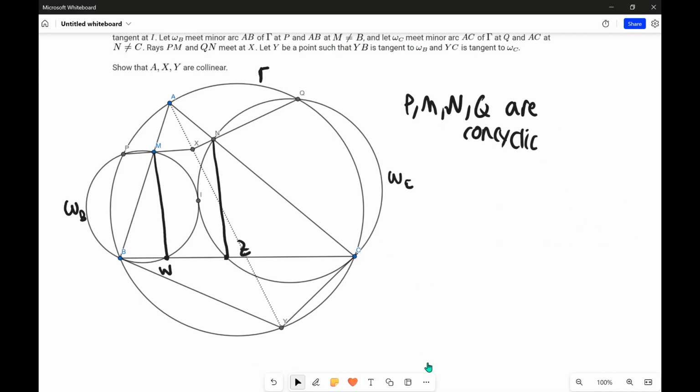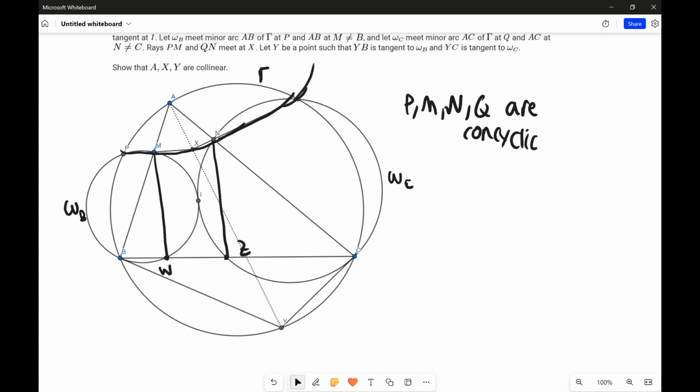Now we've shown that P, M, N, and Q are concyclic, and therefore X lies on the common external tangent of omega B and omega C by the radical center lemma on omega B, omega C, and the common circle of P, M, N, and Q, which I'll call omega. So I'll go ahead and draw that in.